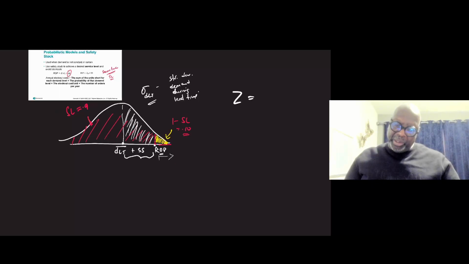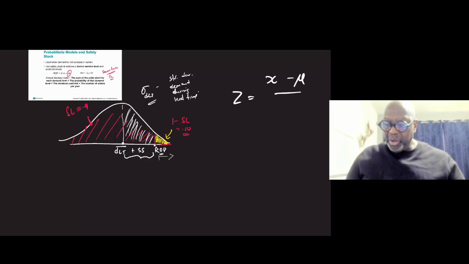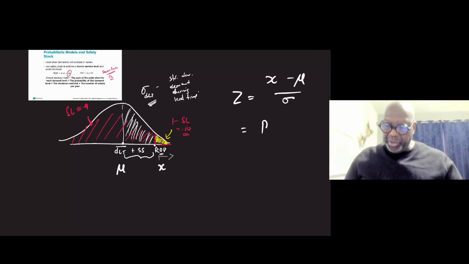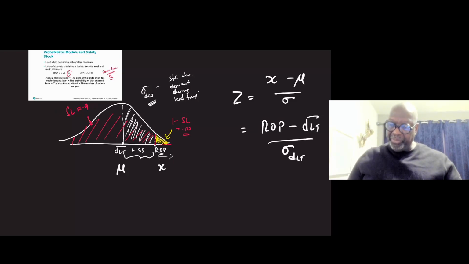So you may recall that Z is equal to, well, let me take you back a little bit. We used to have the formula look something like this: X minus mu over sigma. Well, in this case, our X is our reorder point, our mu is our demand during the lead time, and then here's our standard deviation. So that would be your reorder point minus the mean, which is DLT bar, over sigma DLT. And that would be our Z value.